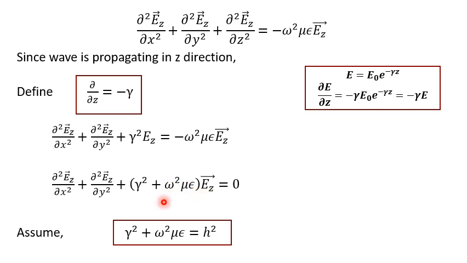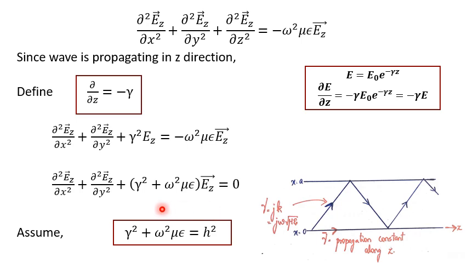Now this gamma square plus omega square mu epsilon, you can replace by another term h square. Here gamma represents the propagation constant along the z direction, and omega root mu epsilon represents the propagation constant along the structure. So you can replace this with a term h square.